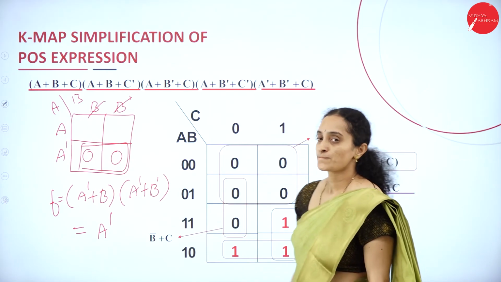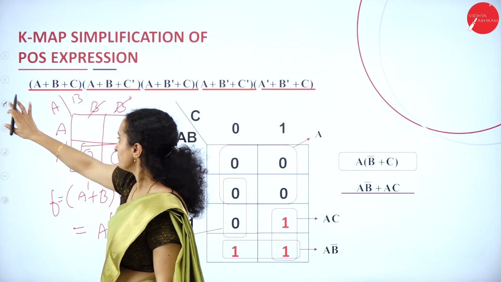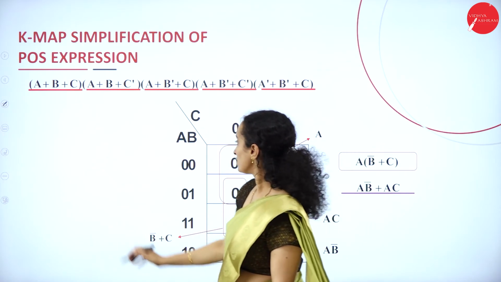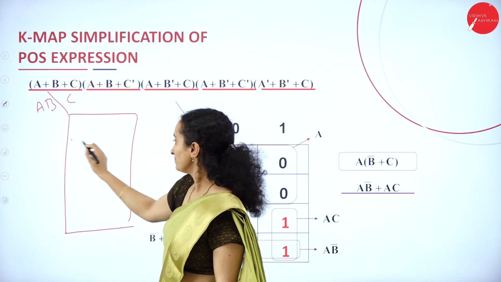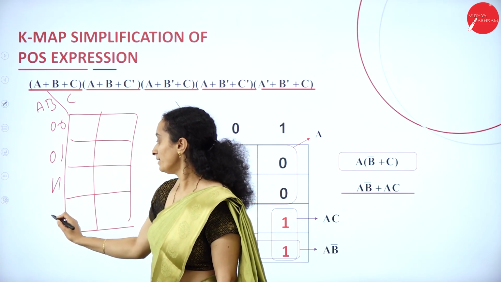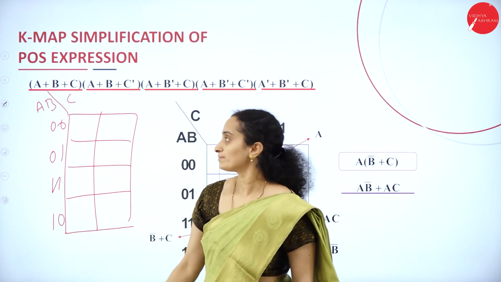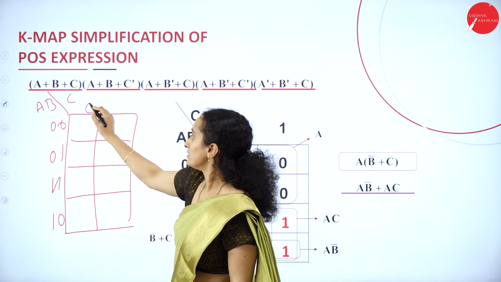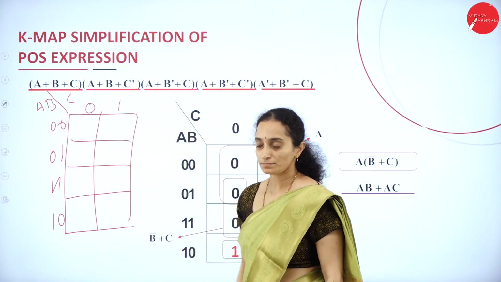Alright. If I take another expression with 3 values, A, B, C, 0, 0, 0, 1, 1, 1, 1, 0, then we have 0, 1. Okay.